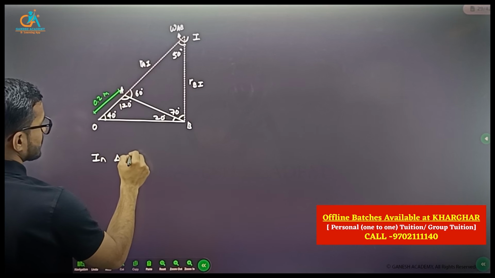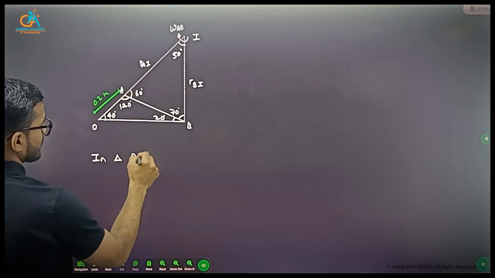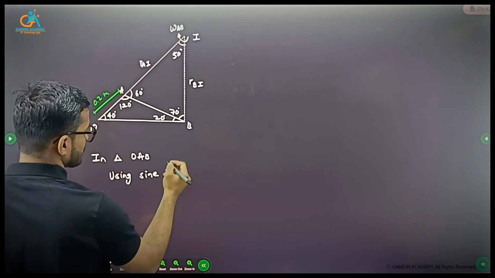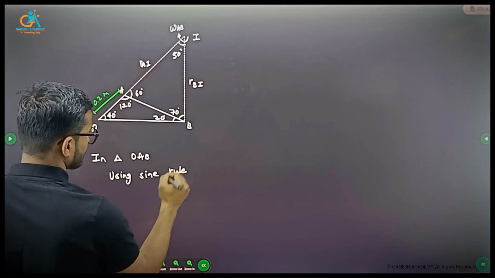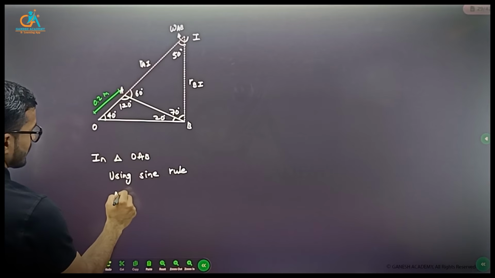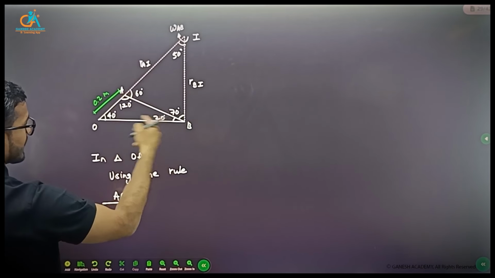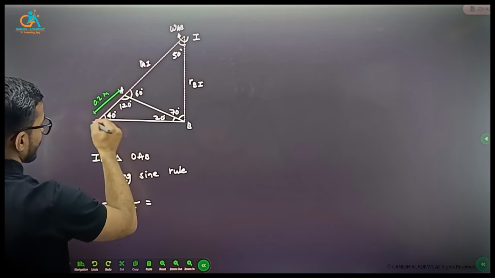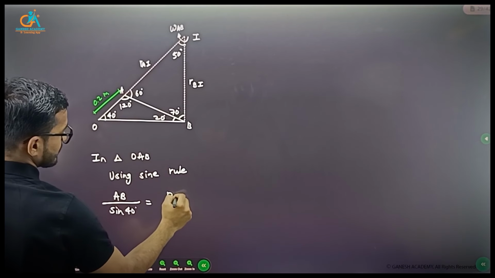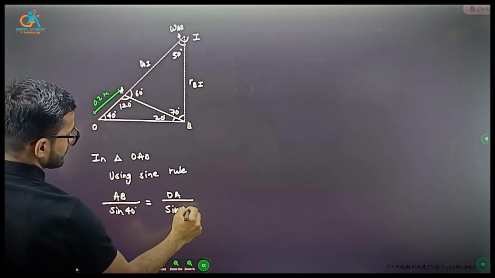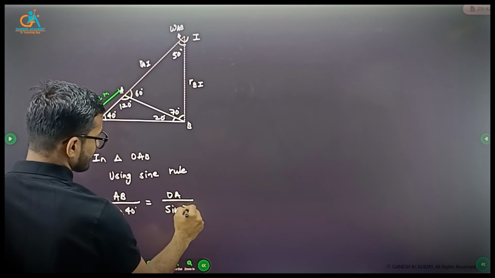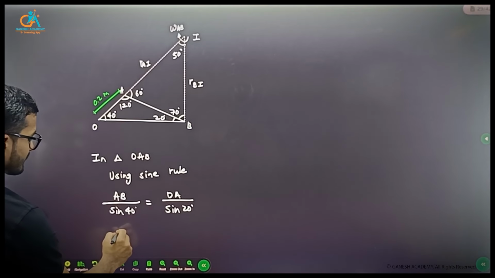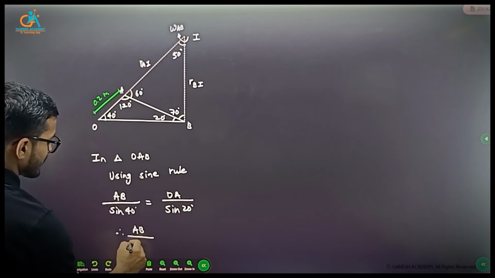So in triangle OAB, using sine rule, AB divided by sine 40 is equal to OA divided by sine 20, where OA is 0.2.